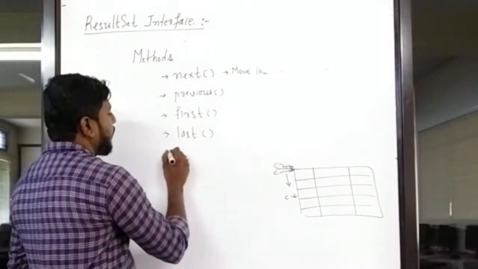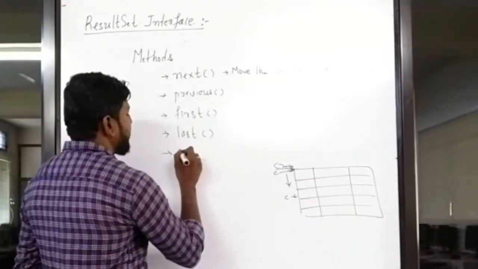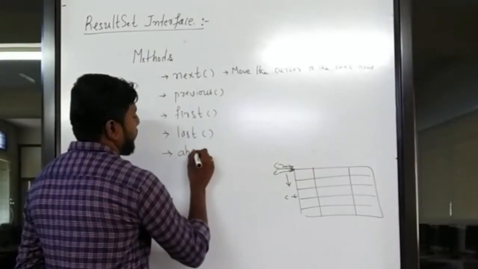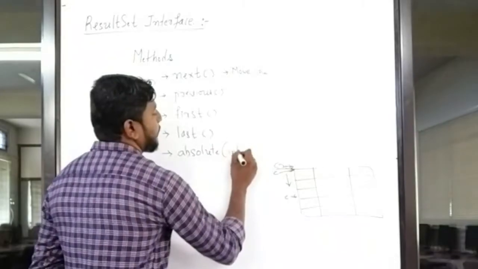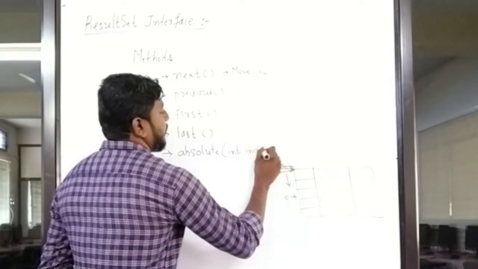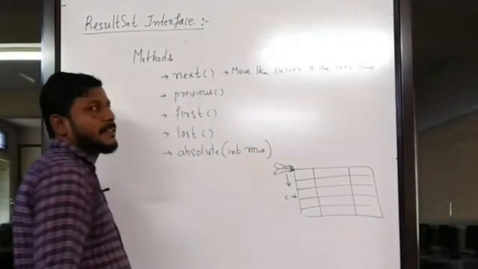And also we have a few more, like absolute, which takes an index as an argument, or I can say a row number as an argument.